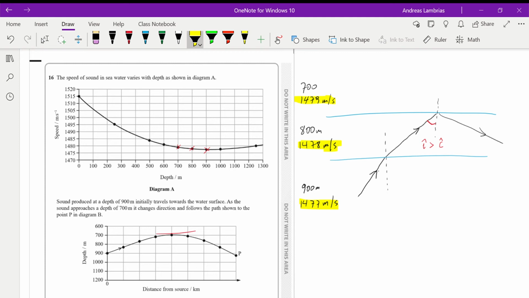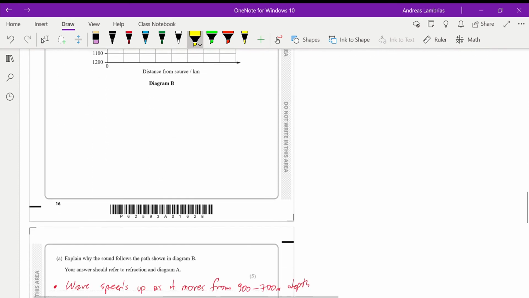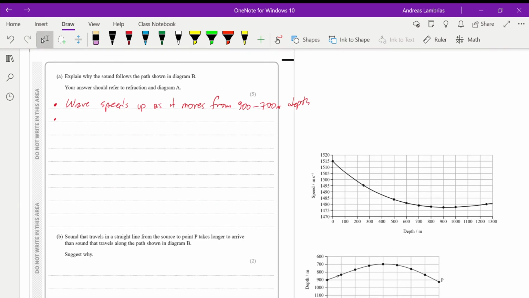If we had a huge change in speed, then the direction would change more rapidly as well, right? This is what happens when it goes from air to glass or air to water, when we have a huge change in speed. In that case, because the change in speed is tiny, the direction will also change very smoothly.